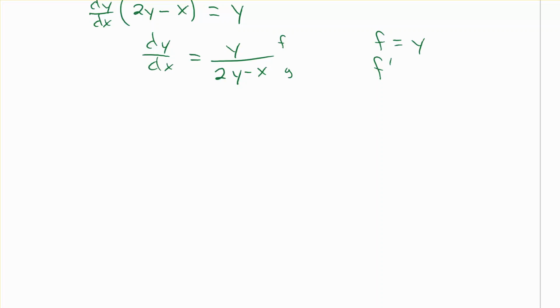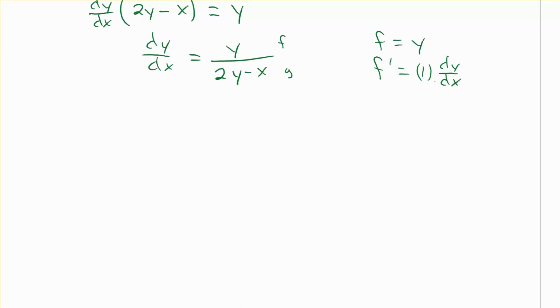F prime is going to be equal to 1, right? G, I messed up. Not y. Sorry. It's going to be 1, and then dy/dx. I thought I forgot to tack that on, but I had it.